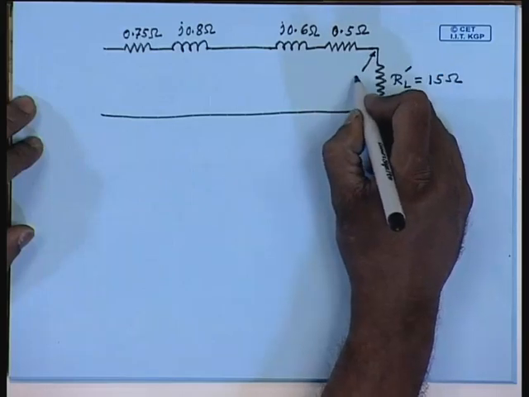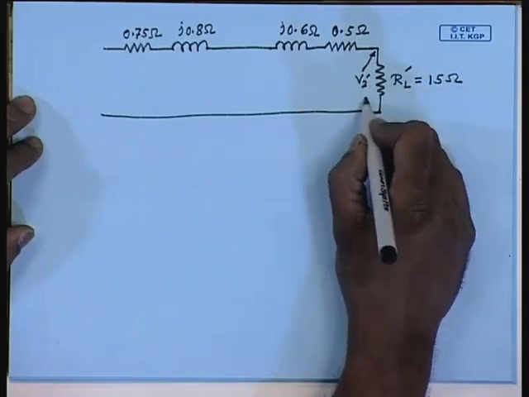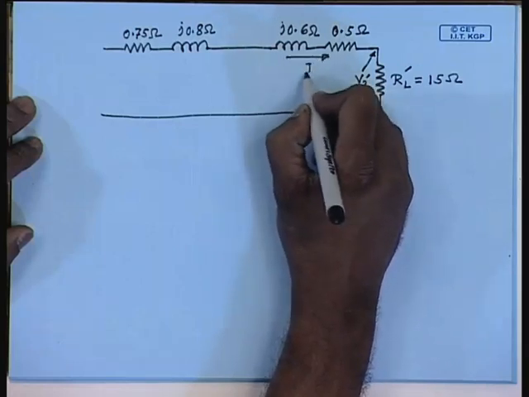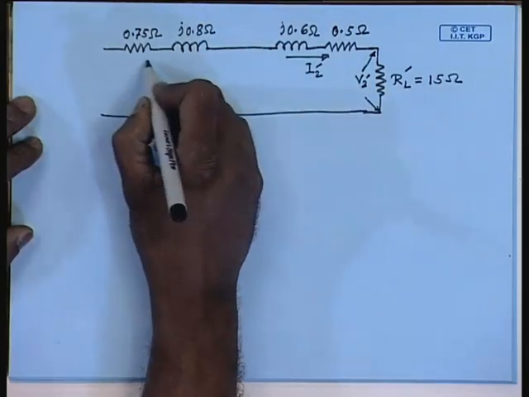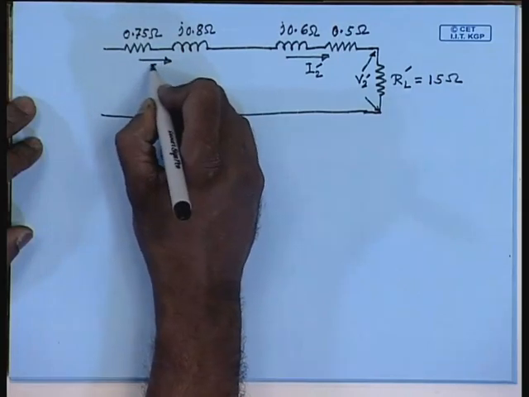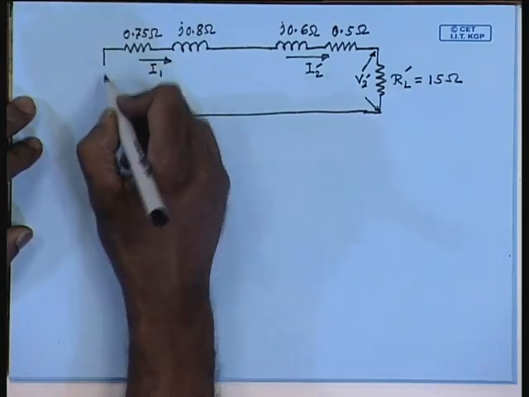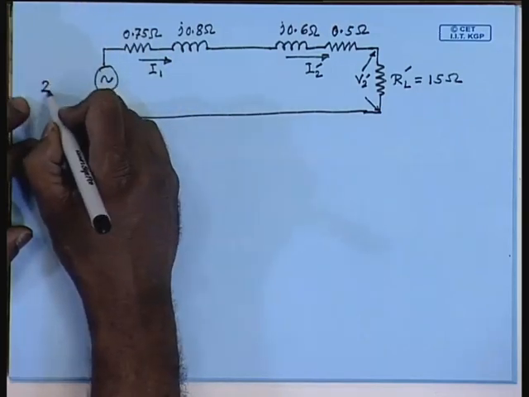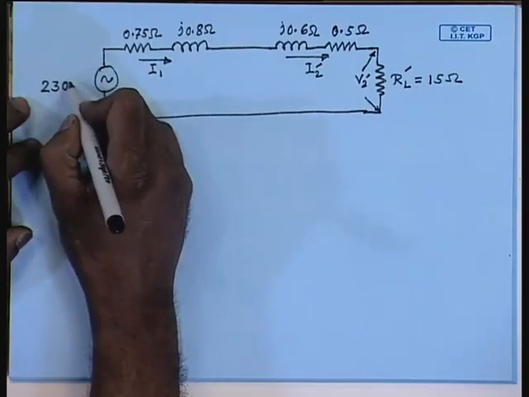The output voltage is V2 dash, output current is I2 dash, input current is I1, input voltage is 230 volt, 50 hertz.